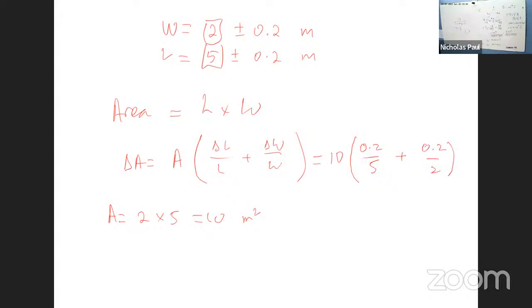When you work out this, that will be the error in the area. Put the calculator up. What's the error in the area there? 10 multiplied by that whole thing. 1.4.